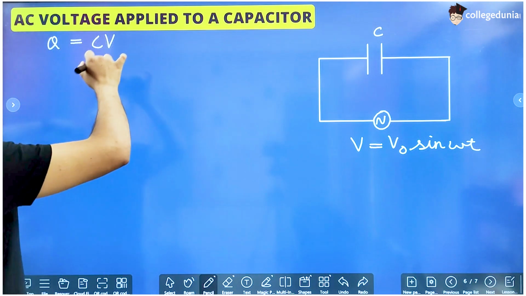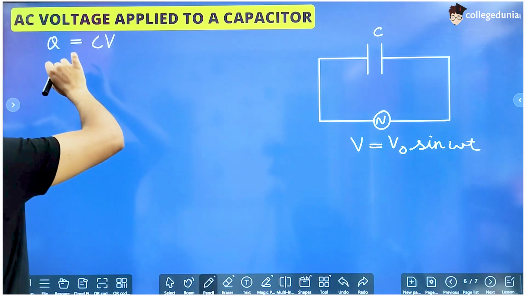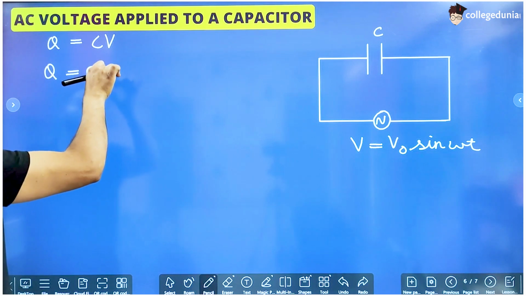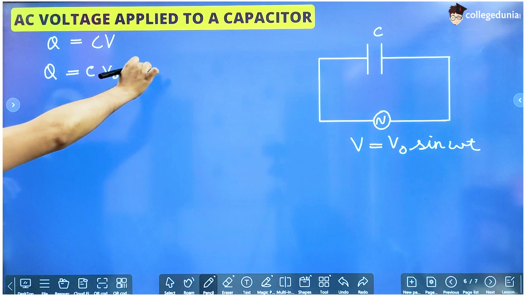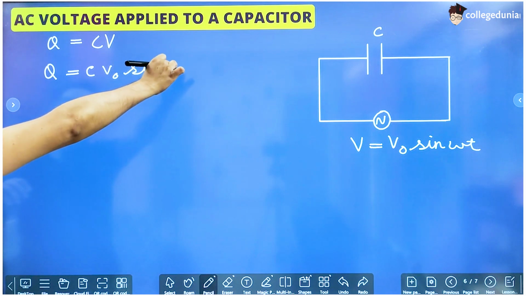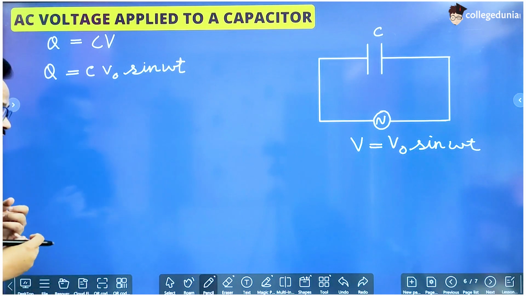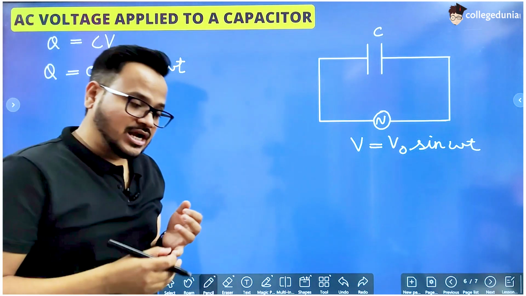We all know that Q is equal to CV. So if we put the value of V, Q equals C into V naught sine omega t. But we have to find the value of I, and now we have Q.